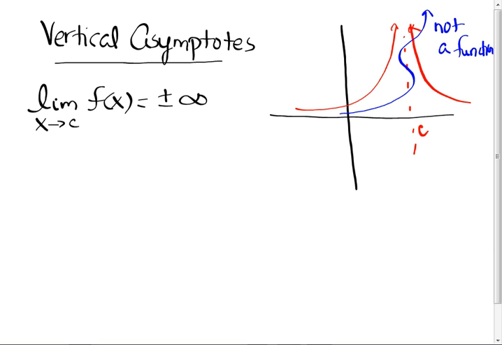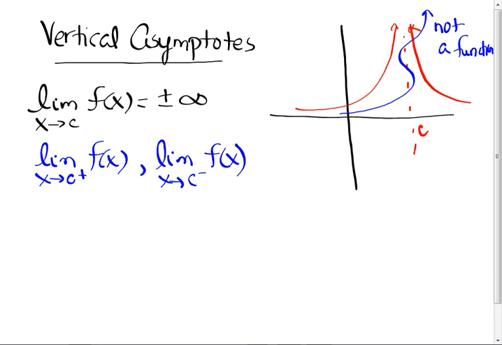We can graph those things using parametric curves, which you'll do in BC. When you do the vertical asymptotes, you must check from both sides. You need to do the limit as x approaches c from the right of f of x, and you have to do the limit as x approaches c from the left, because they may not be the same.